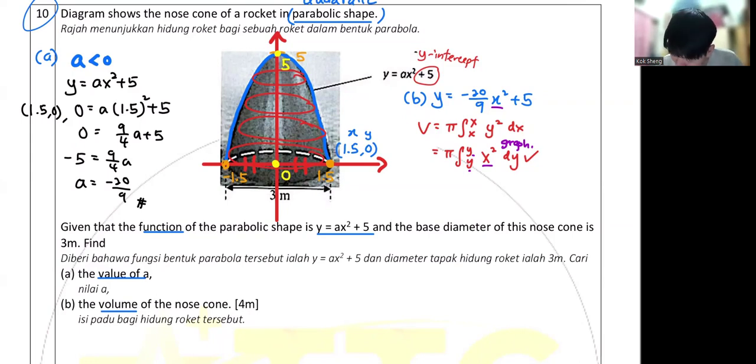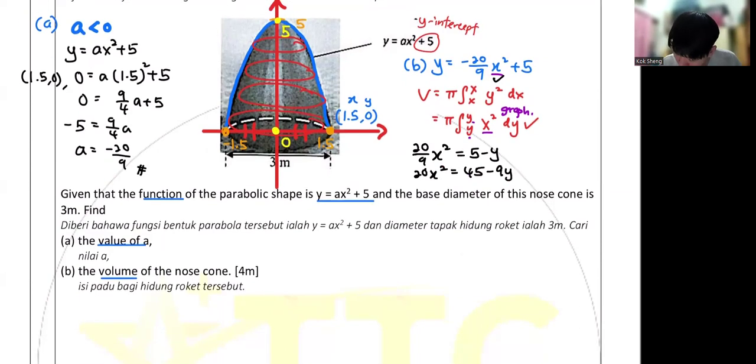Okay, let's find the graph equation first. So now the graph here, we have to find x squared equal because of the formula. So I bring the negative 20 over 9 x squared here. The y I bring over, followed by 9 and followed by 20. 45 divided by 20 is 9 over 4.